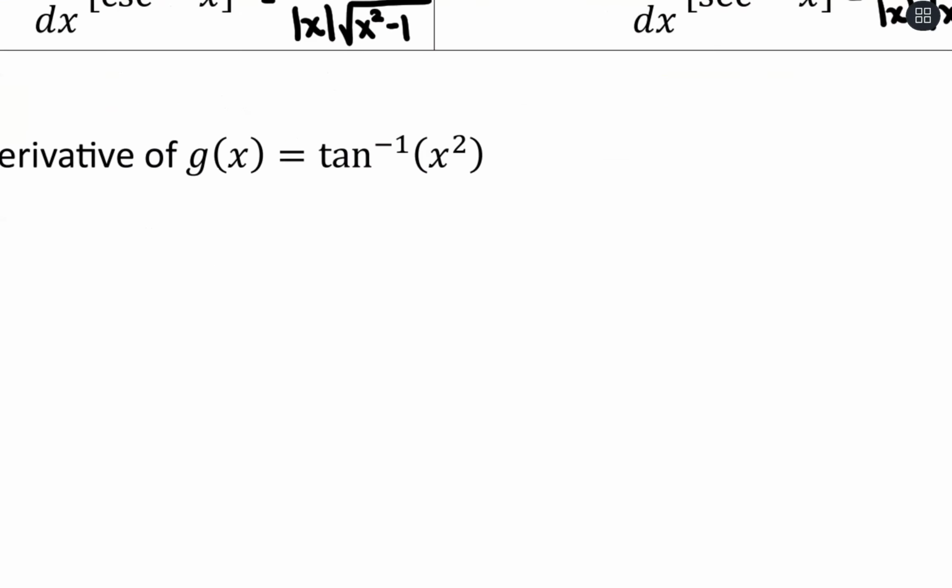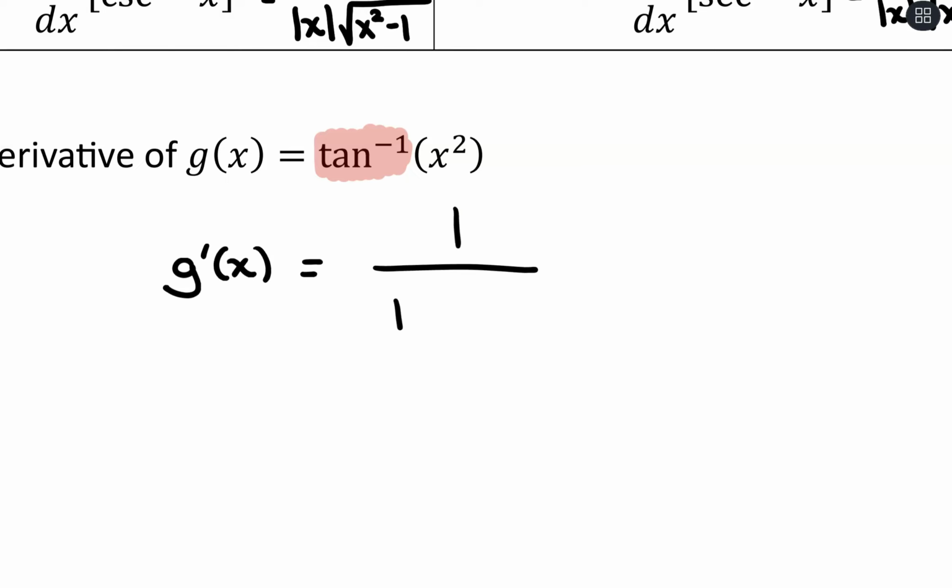So we're going to take the derivative of inverse tangent of x squared. And what we can do is now we can just use the rules as they're given to us. We don't have to derive it. So this is going to be chain rule where we have an outside function of inverse tangent. The derivative of inverse tangent tells me to take 1 over 1 plus, and then we're going to keep the inside function the same.